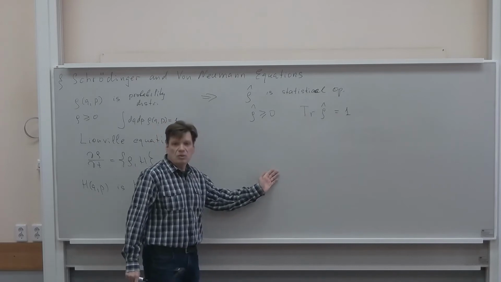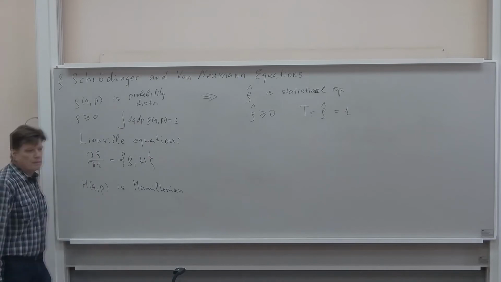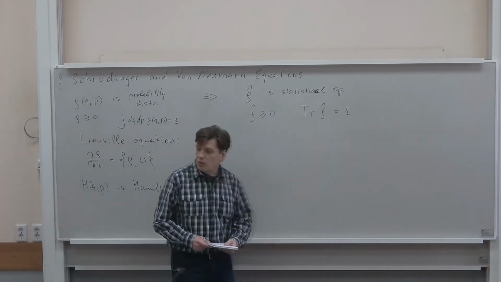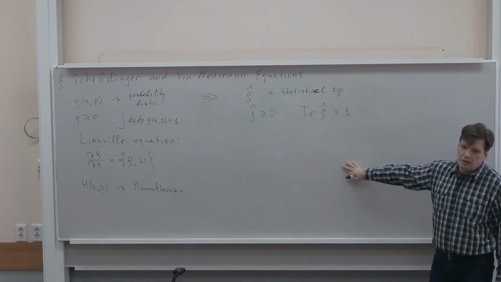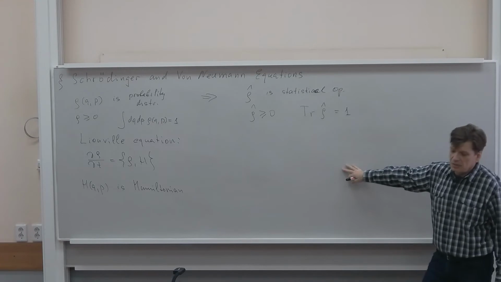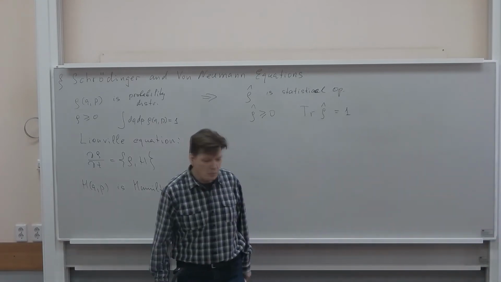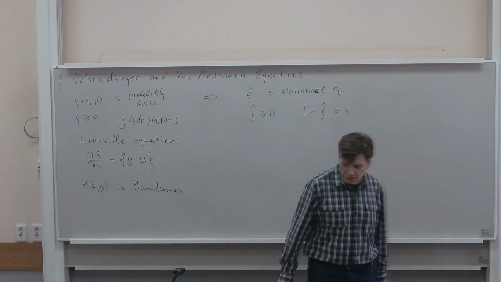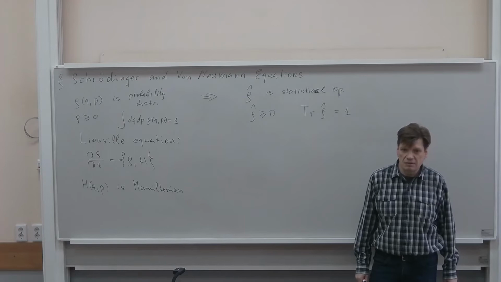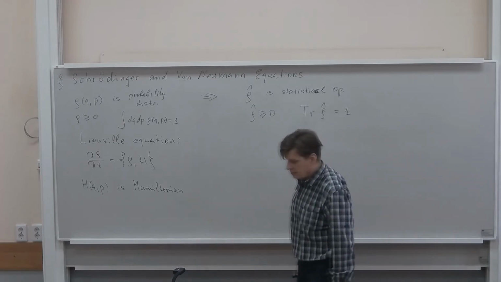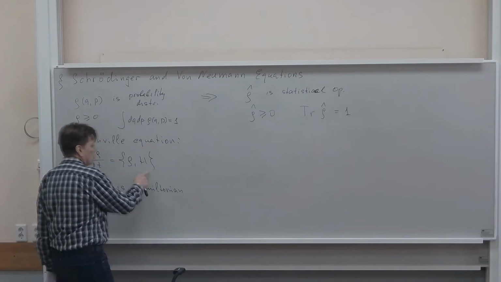Do you see? What might be the analog of the Liouville equation in quantum mechanics? Please share with us your ideas or hypotheses. Don't hesitate. No idea. Yes, and what about the Poisson bracket?